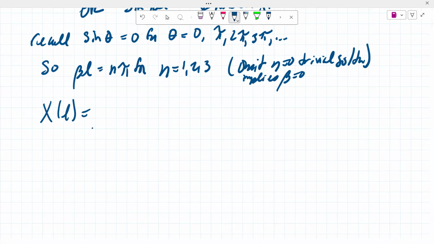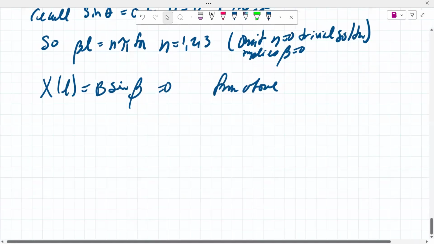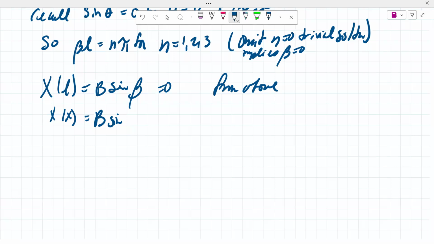All right. So then, x of L equals b sine beta L equals 0. That's from above. I'm going to invoke that again. x of x equals b sine beta x equals 0.